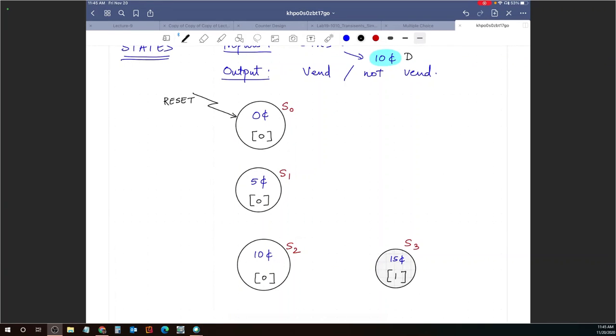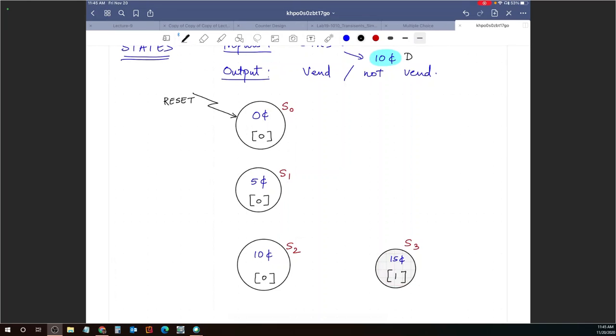If I am in state 0 or state 1 or state 2 or state 3, I need to consider at least 2 cases for every one of those states, nickel and dime. There are other things as well. What if nothing happens within the next clock edge, right? So I also need to consider that. But I at least need to consider what happens when I get a nickel from state 0, dime from state 0. So let's start drawing that.